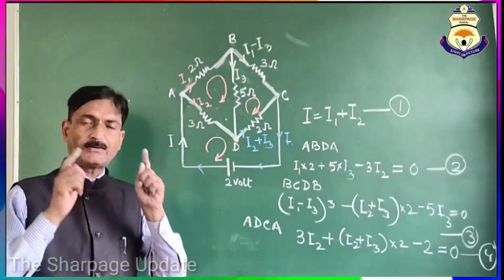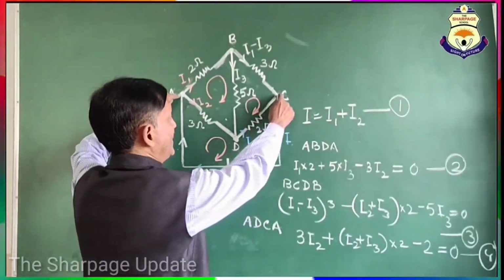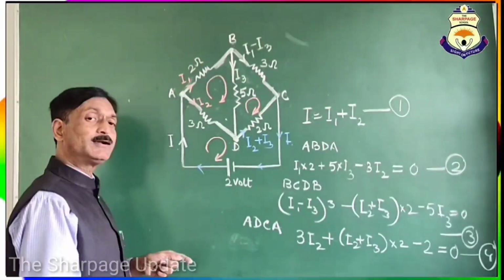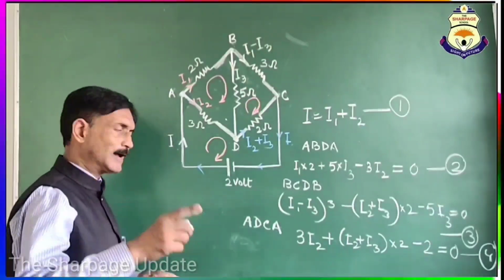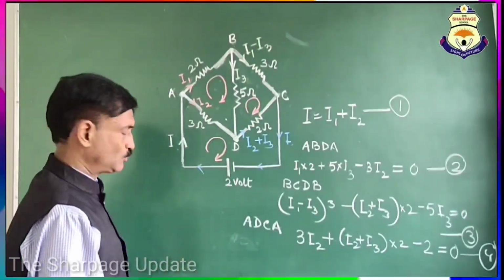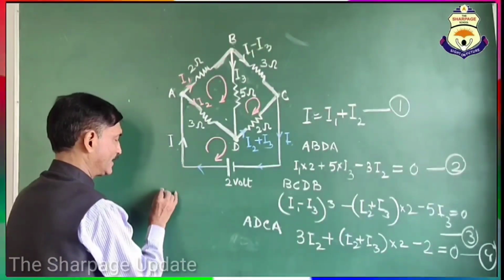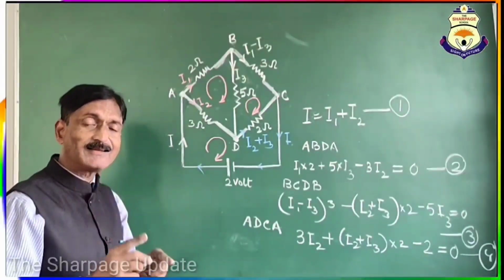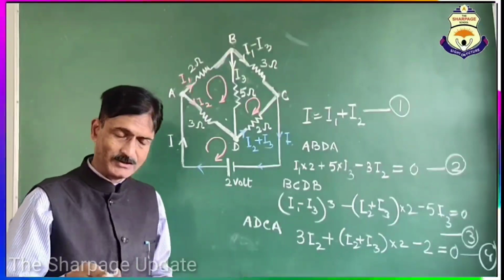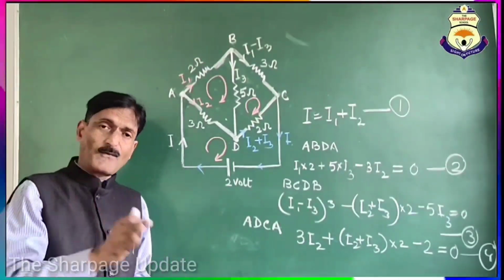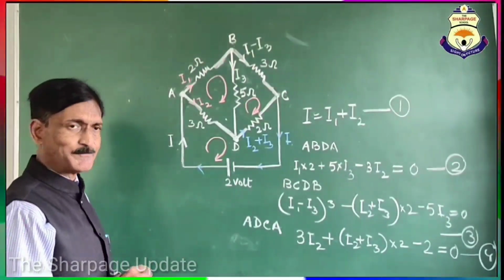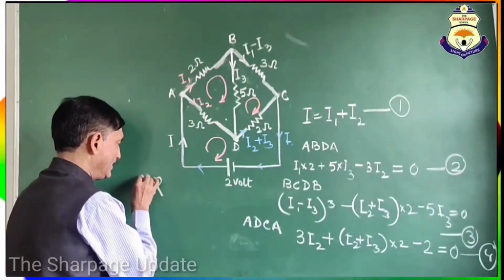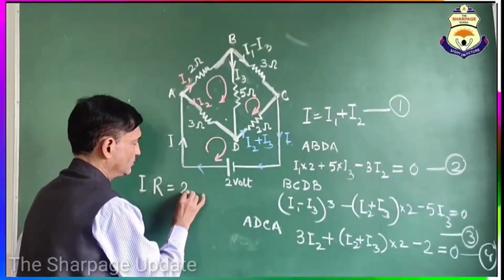And if the equivalent resistance between the points A and C is capital R, then according to Ohm's law, V equal to IR. V means EMF, EMF is 2 volts, and I means total electrical current, and the equivalent electrical resistance is R, then I into R equal to 2.